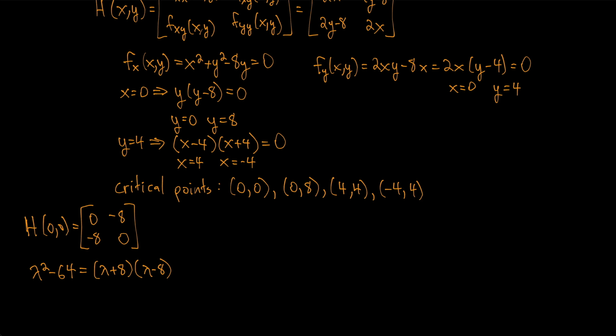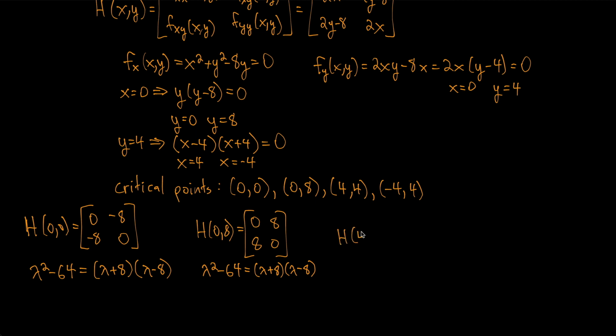We can do the same thing for H of 0, 8. That was 0, 8, 8, 0 when we plug in 0, 8 for H. Doing lambda I minus H, we have lambda squared minus 64 when we take the determinant, and that factors as lambda plus 8, lambda minus 8.